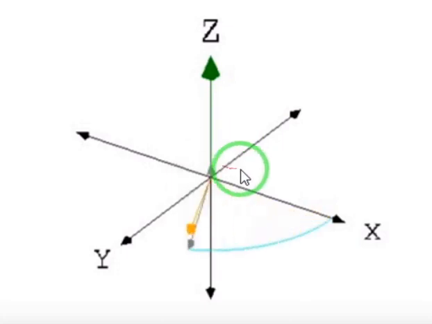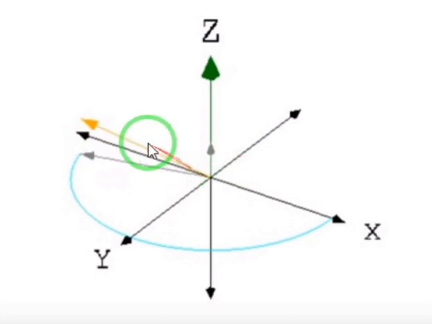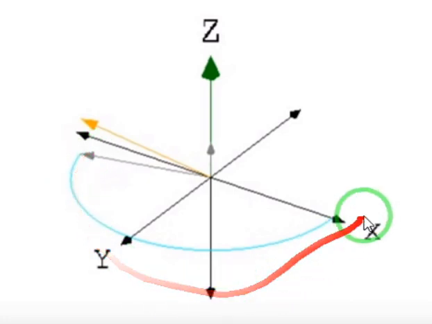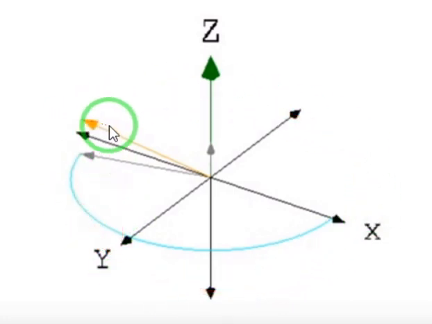Well, let's consider this yellow as the magnetic spin of the hydrogen. This gray vector is the image of this vector on the xy plane, and this other gray vector is the image of this vector on the z axis.